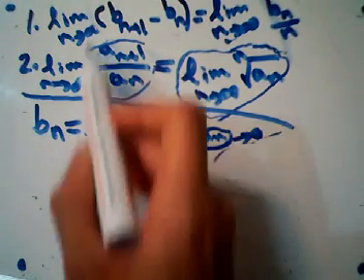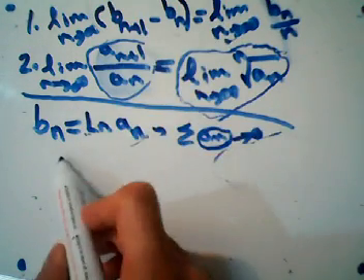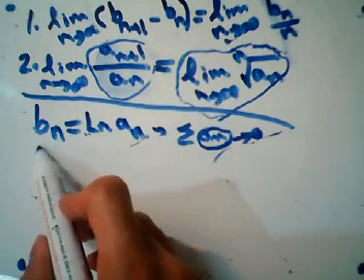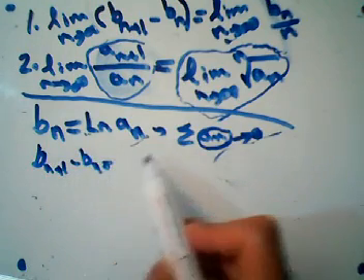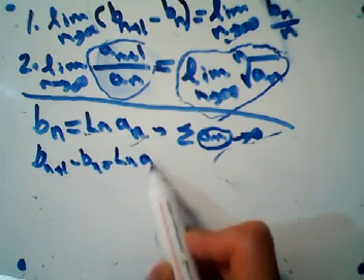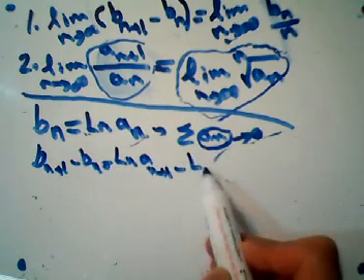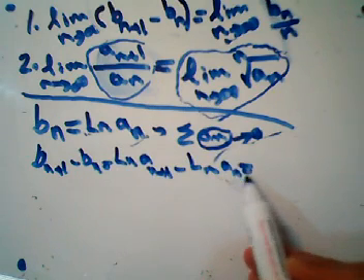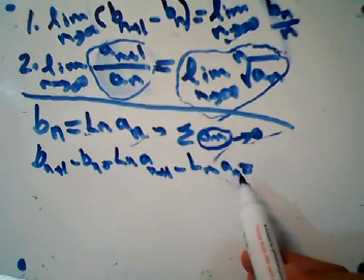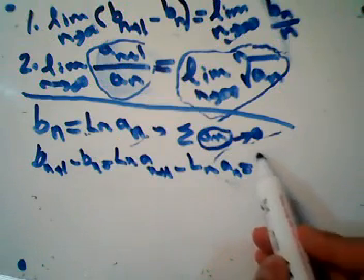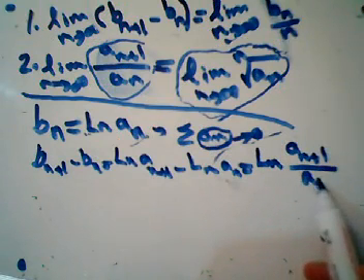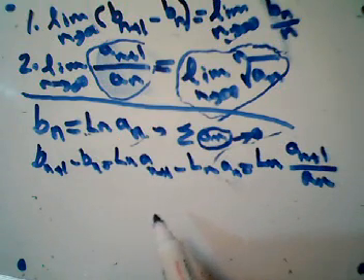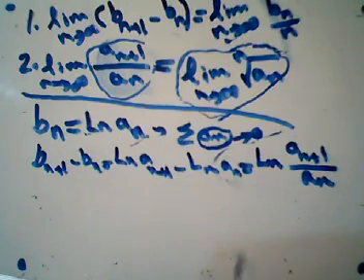So let's write this: b_(n+1) minus b_n equals ln a_(n+1) minus ln a_n, which according to the rules of logarithm equals ln of a_(n+1) over a_n.